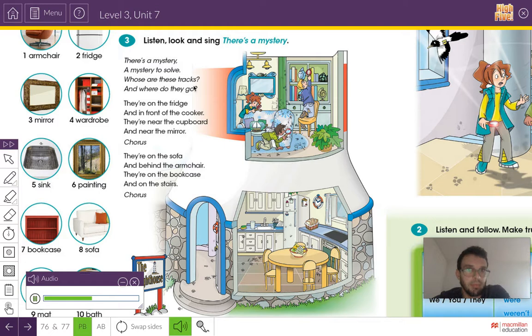Whose are these tracks and where do they go? They're on the sofa and behind the armchair. They're on the bookcase and on the stairs. There's a mystery to solve. Whose are these tracks and where do they go?